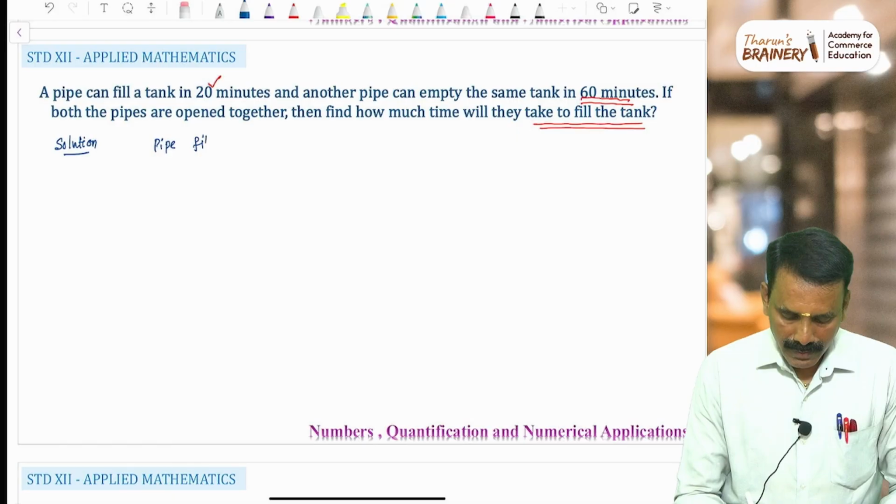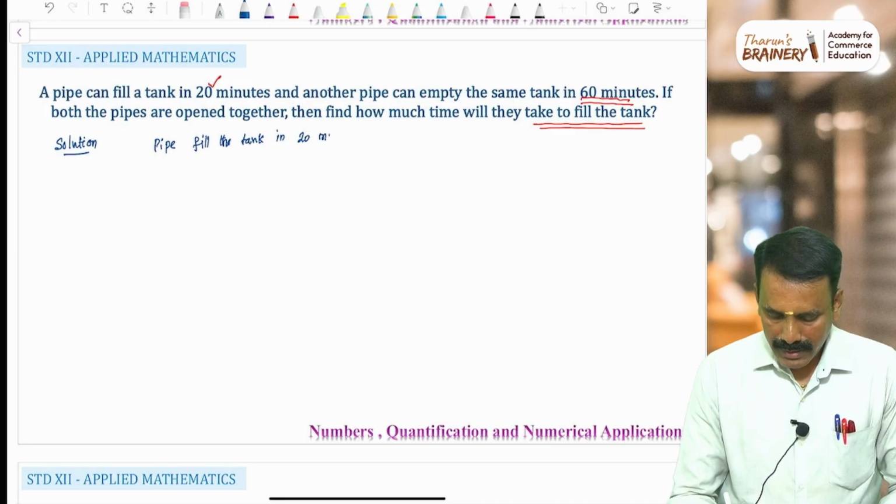Pipe fills the tank in 20 minutes. We take x is equal to 20.